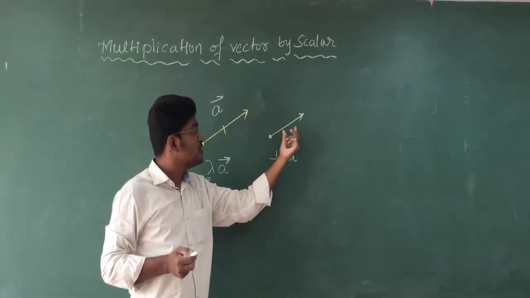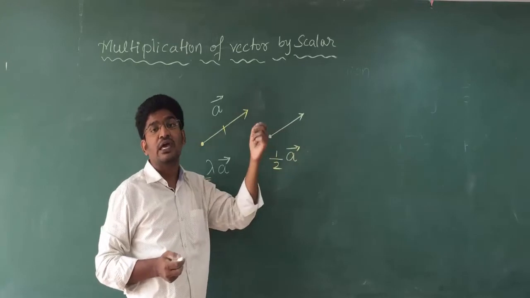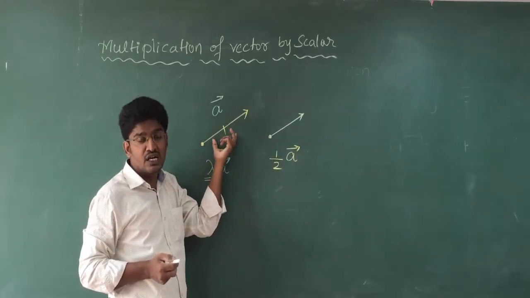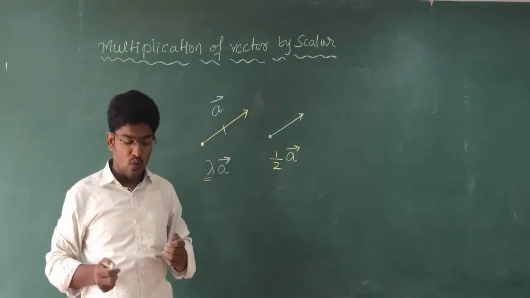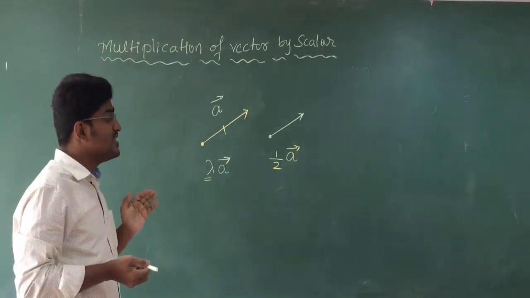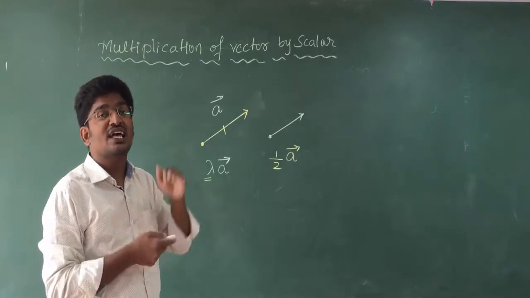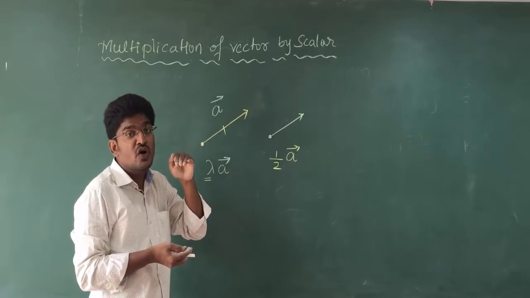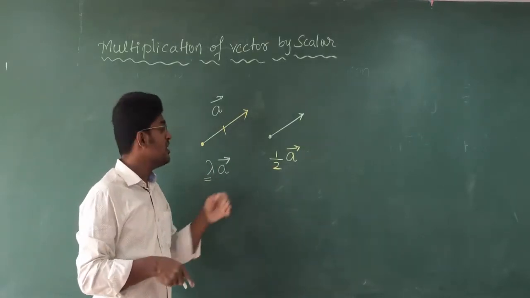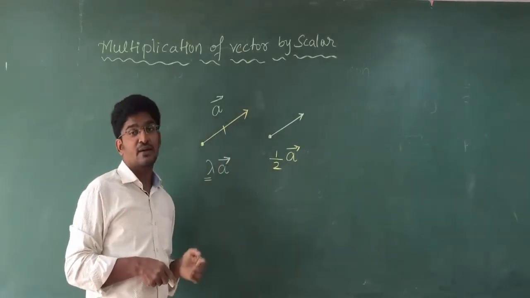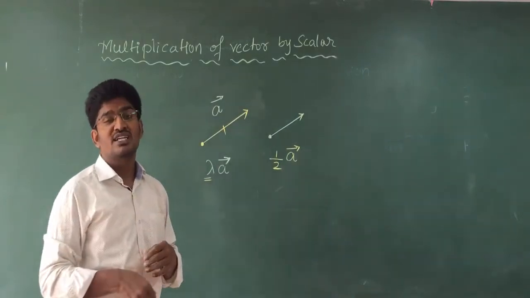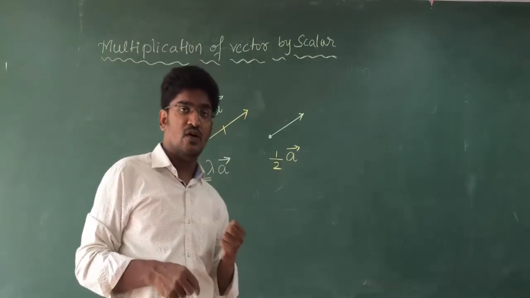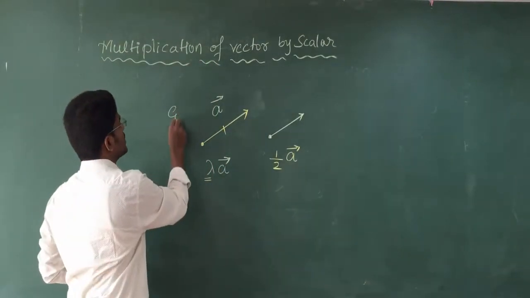So the length of 1 by 2 of vector A will be half of this 2 units vector. Are you clear? So now the length of the vector reduces to 1 unit if I multiply 1 by 2 to the vector A. That is what the multiplication of a scalar to the given vector A is. Okay, so this is the given vector.